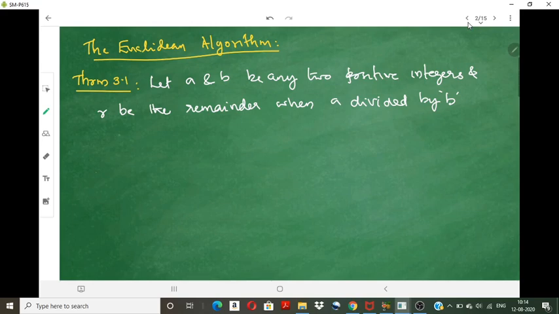Then the GCD of the two integers a and b is the same as the GCD of b, the divisor, and r, the remainder obtained. These two GCDs are the same. So in order to find the GCD of two numbers, it is possible to find the GCD of the smaller number and r.